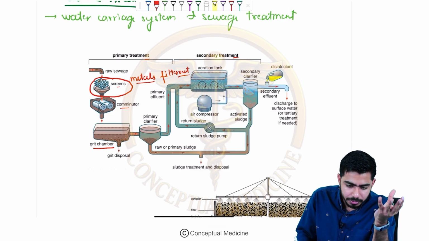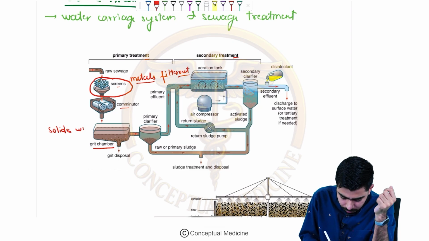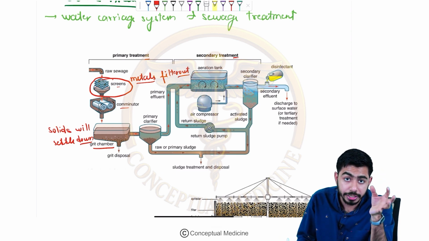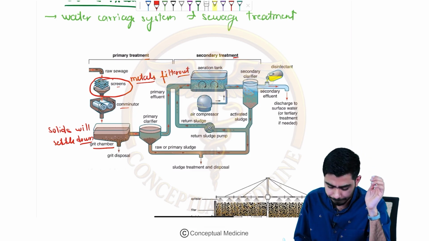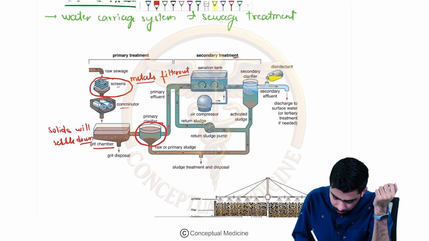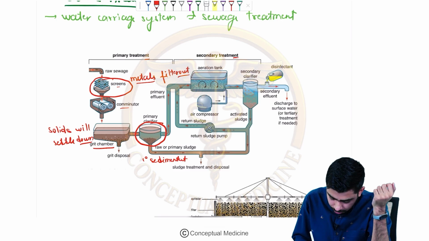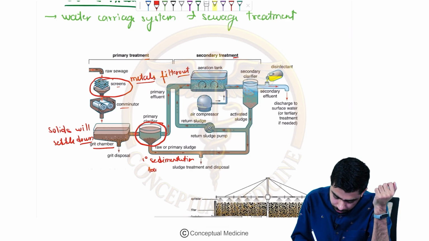After that, what will happen? In the grit chamber, the solids will settle down. After the grit chamber, the sewage will be going through the primary sedimentation tank.